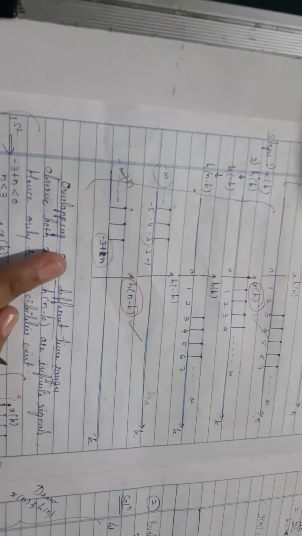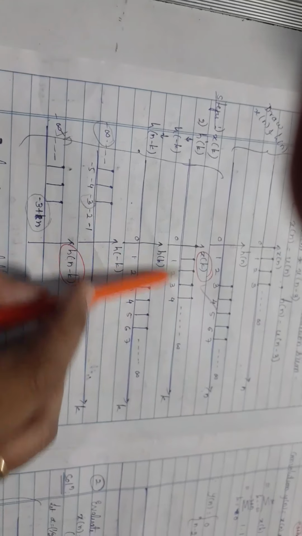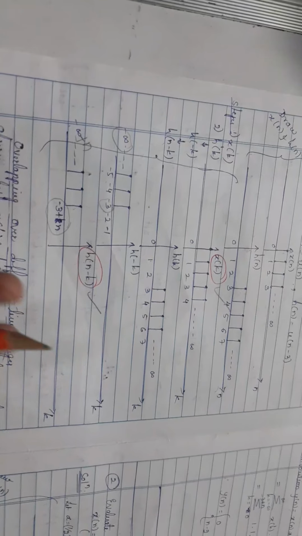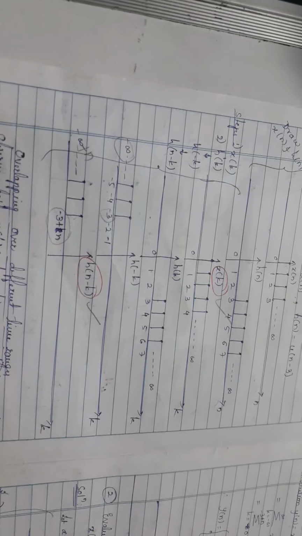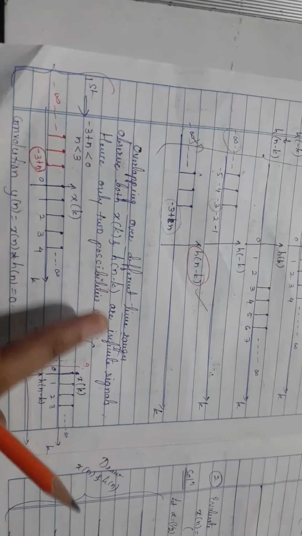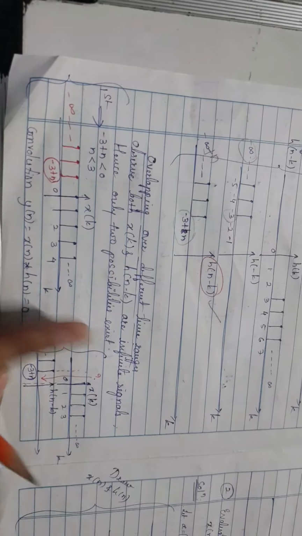Okay, let us start with the overlapping method. One observation you can make is that both x of k and h of n minus k are infinite signals. So whenever you take the overlapping, there are only two possibilities, on the left hand side and on the right hand side. So the observation is both signals are infinite, so only two possibilities of overlapping exist.